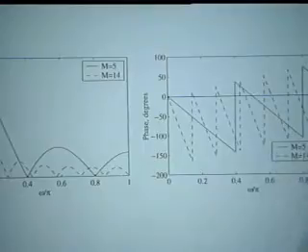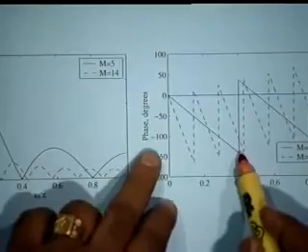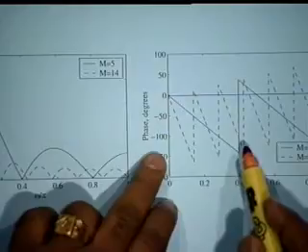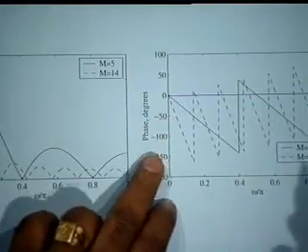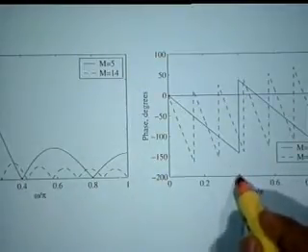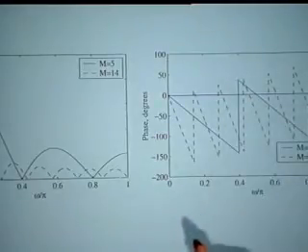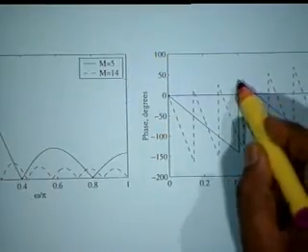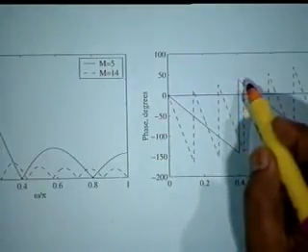Okay? And look at the phase. The phase starts from 0, goes up to the value minus ω(5 minus 1) by 2. How much is there? Okay, 2. And this transition then occurs at 0.4. At 0.4, this height is exactly equal to 180 degrees. It goes up by 180. Now the quantity sine ωM by 2 over sine ω by 2 remains negative.